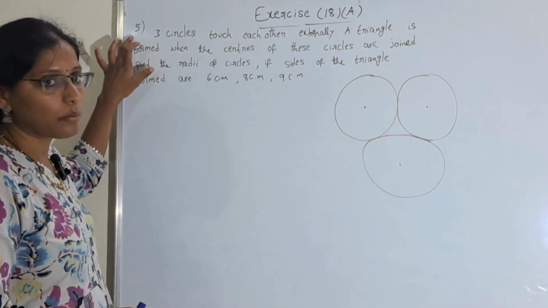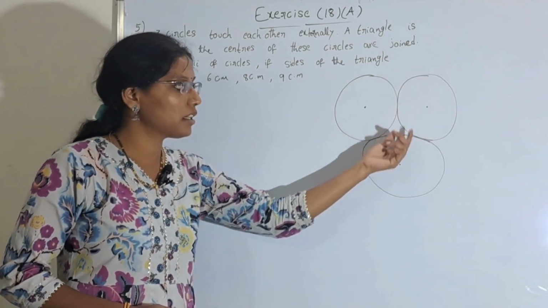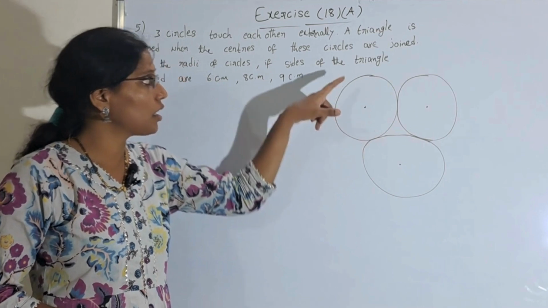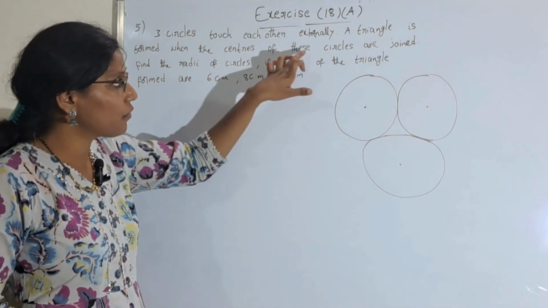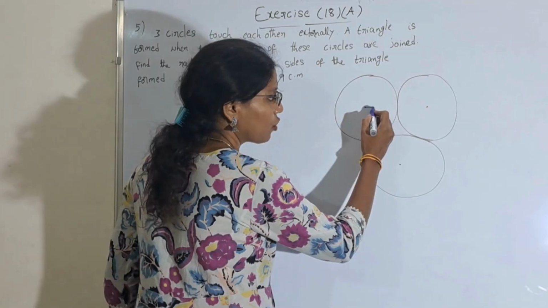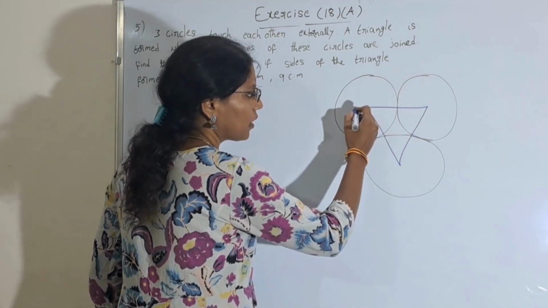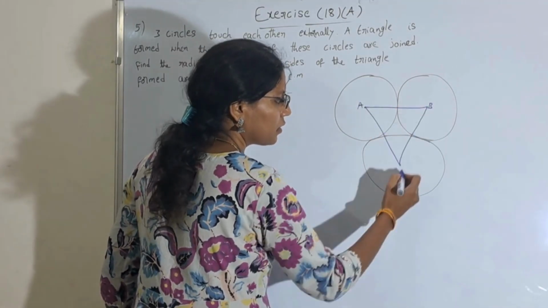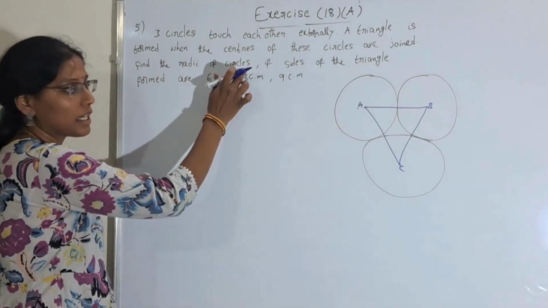Next, fifth problem. Here three circles touch each other externally. A triangle is formed when the centers of these circles are joined. Here, if we join the centers of the circles, a triangle will form. Call them A, B, C. Next, find the radii of the circles.